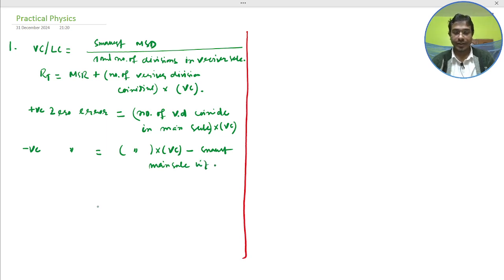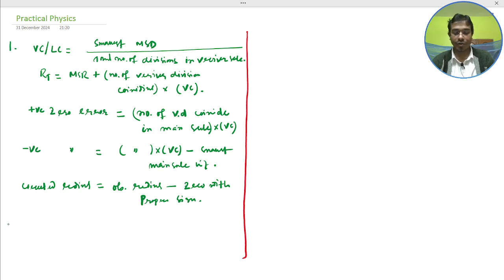Next, the corrected reading. In our practical lab, the corrected reading is the observed reading minus the zero error with proper sign.